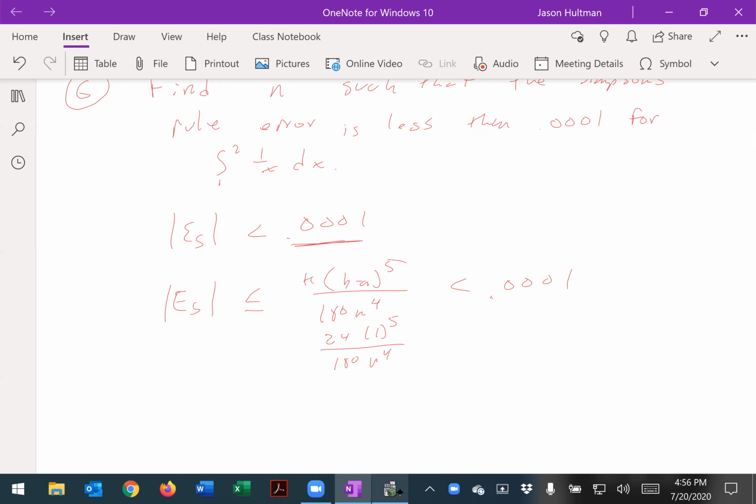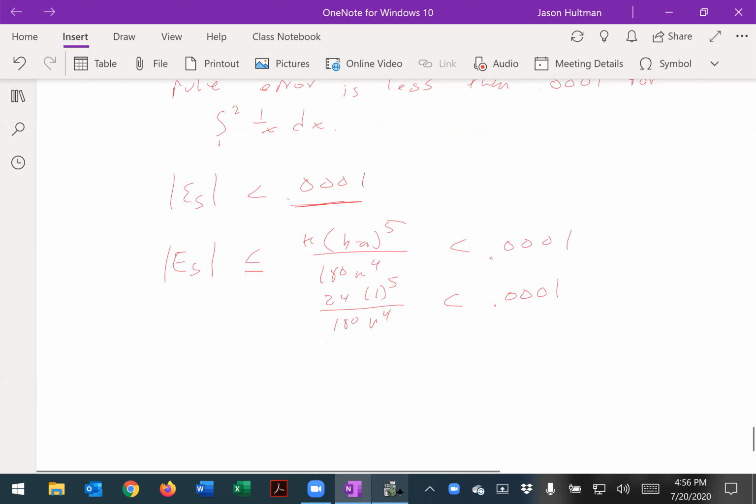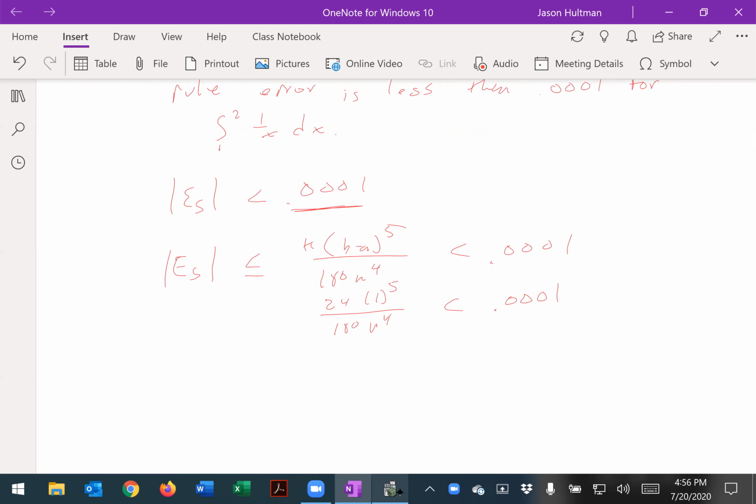I may want to flip things upside down first. Let's make this a fraction. This is 1 out of 10,000: tenths, hundredths, thousandths, 10,000ths.